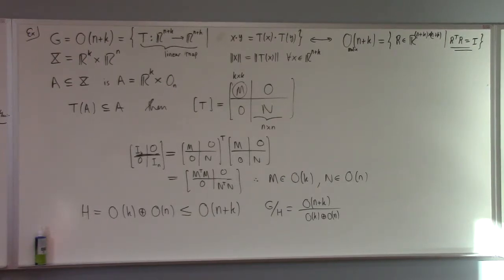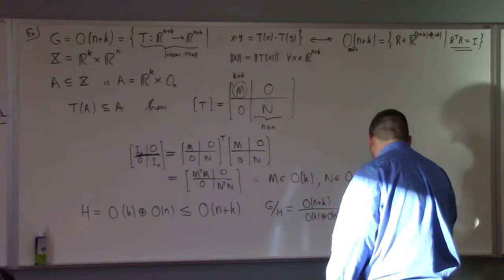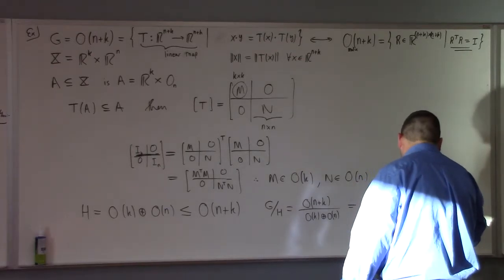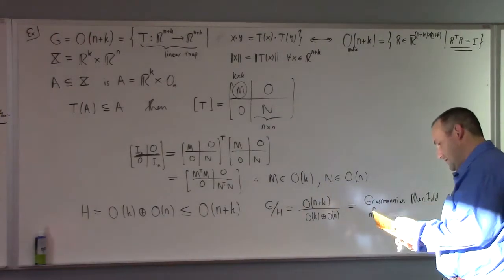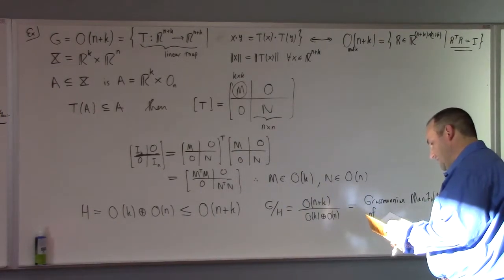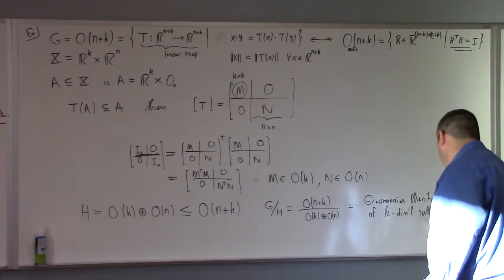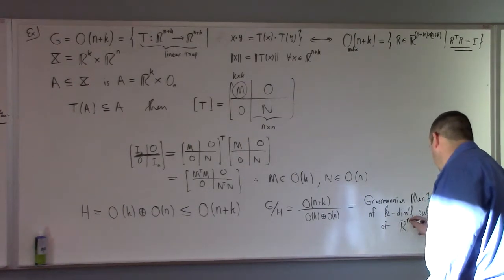Well, what he says is that this O_(n+k) mod O_k cross O_n is the so-called Grassmannian manifold of k-dimensional subspaces of R^(n+k). Of, what does he say? Of k-dimensional subspaces of R^(n+k).